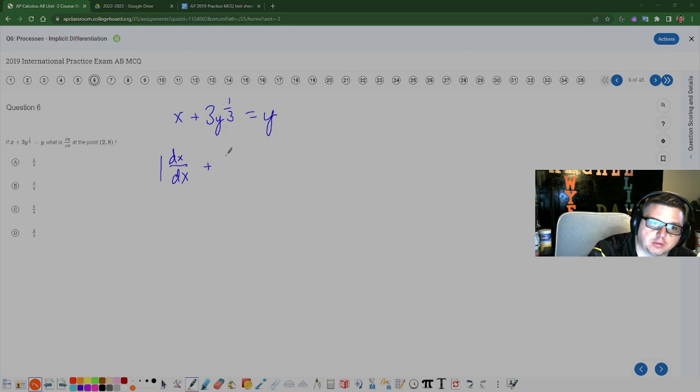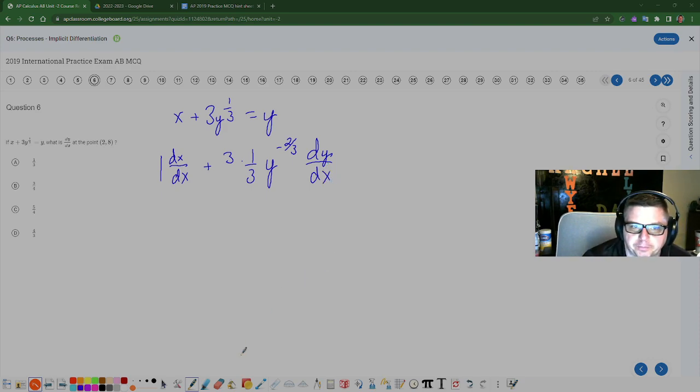Plus, then we're going to multiply by 3 times 1/3 y to the negative 2/3 times dy dx equals 1, excuse me, dy dx. Because this would be 1 y to the 0 power. Same thing here, it would be 1 x to the 0 power. And then this is a 1, dx over dx, so 1 times 1 is just 1.